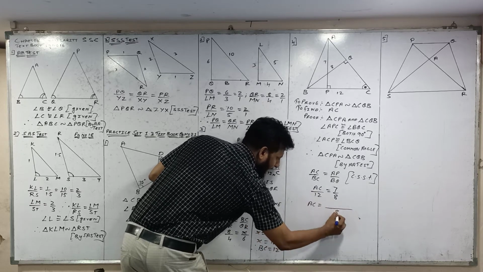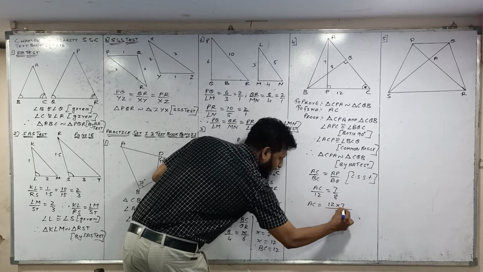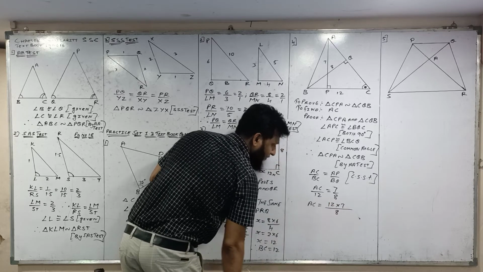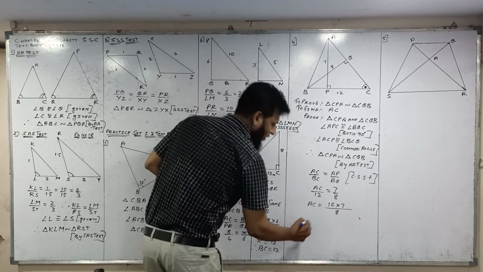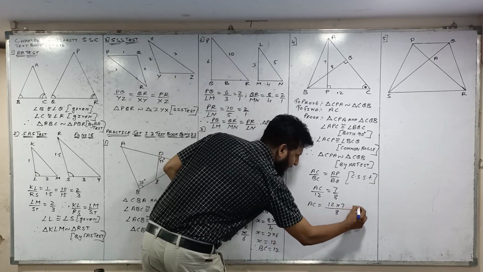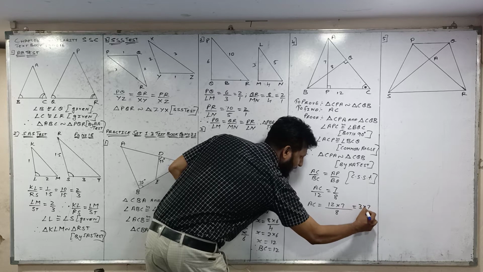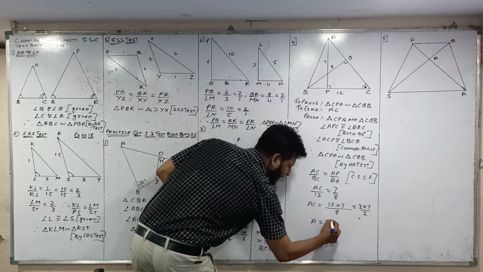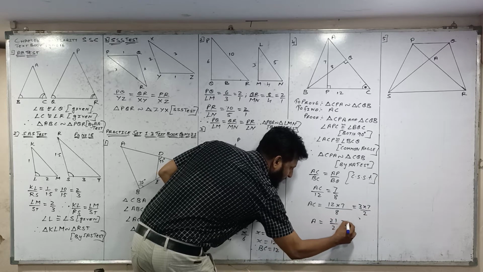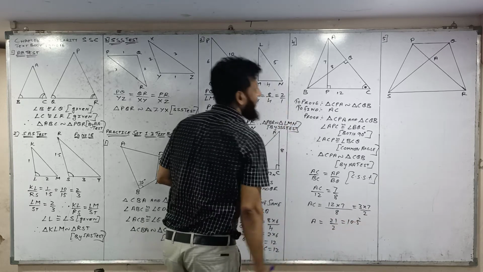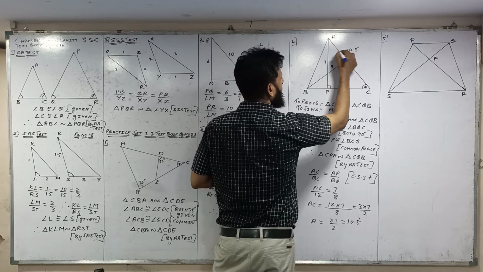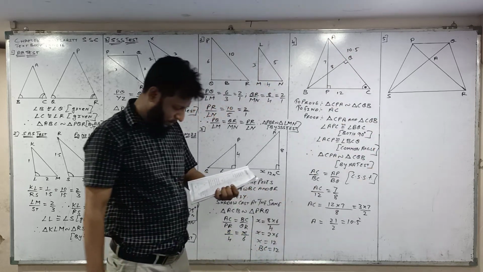So 8 will come here. 12 multiplied by 7. 4 2s are 4, 3s are. Then what will remain? 3 multiplied by 7 upon 2. Then AC is equal to 3 7s are 21 upon 2. That is 10.5. So the value of AC is 10.5.